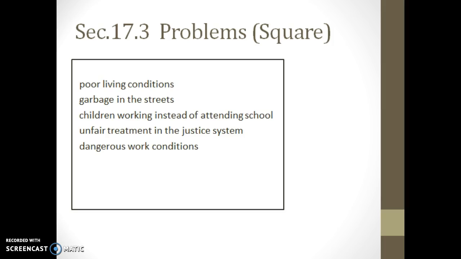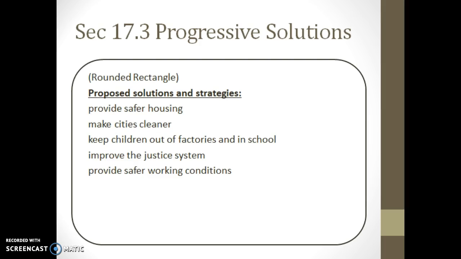There was unfair treatment in the justice system, and that's basically directed at kids. If kids make a mistake and do something illegal, regardless of their age, they're going to be treated like adults, and that's a problem because you probably shouldn't treat a 10-year-old or a 12-year-old or even a 14-year-old like an adult when it comes to making mistakes. And there were also dangerous work conditions in the factories, and we know all about that as well.